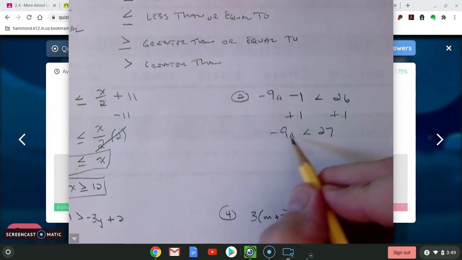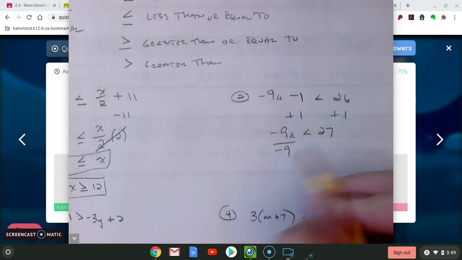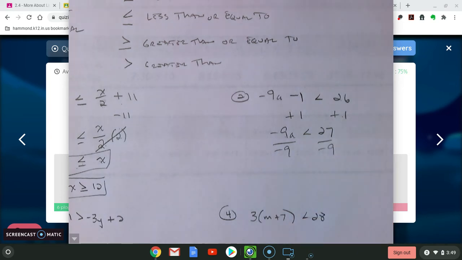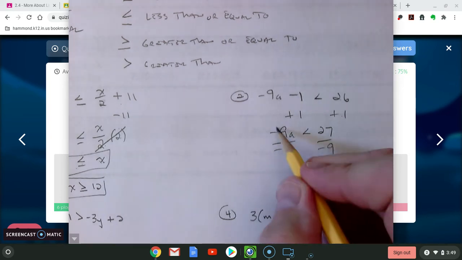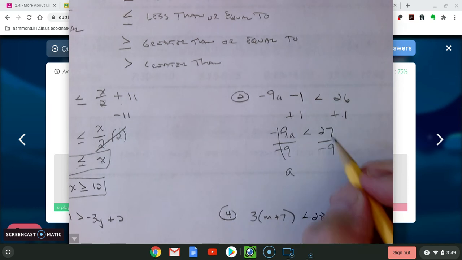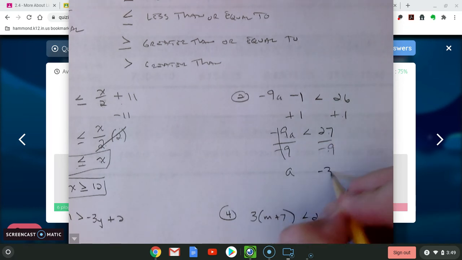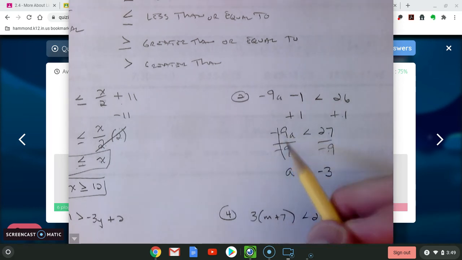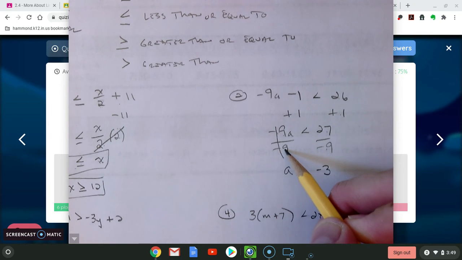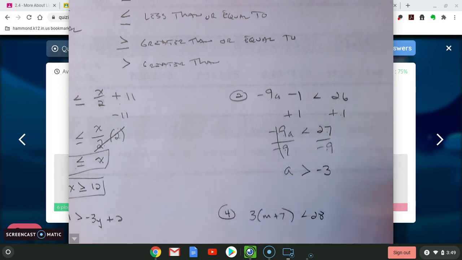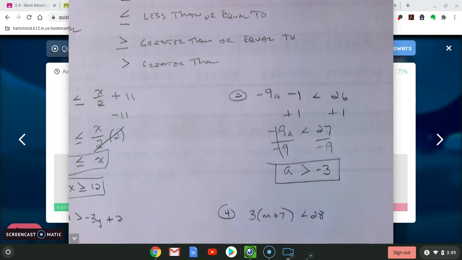All right. So a is multiplied by negative 9. So I'm going to divide by negative 9 on both sides. Negative 9 divided by negative 9 is 1. 27 divided by negative 9 is negative 3. Now, because I multiplied or divided by a negative number to isolate the variable, the inequality sign changes direction. So a is greater than negative 3.